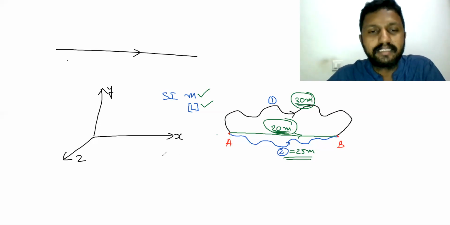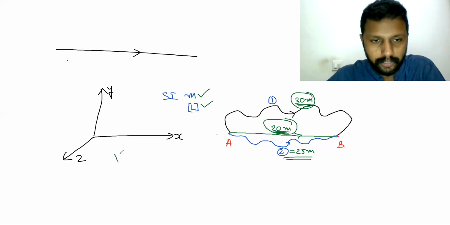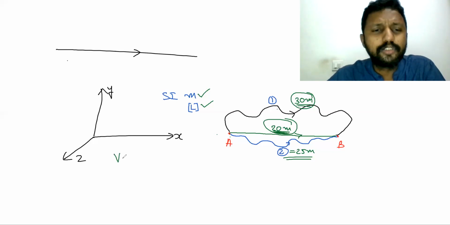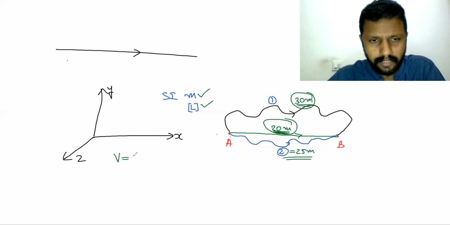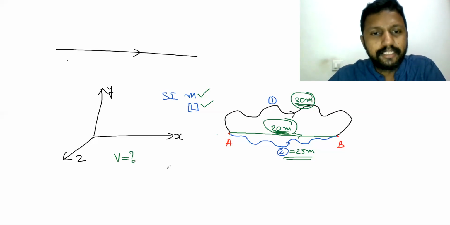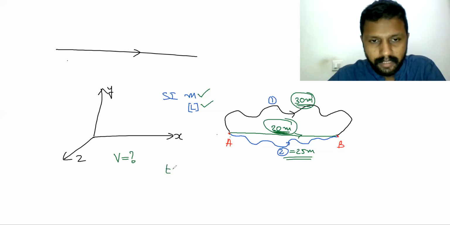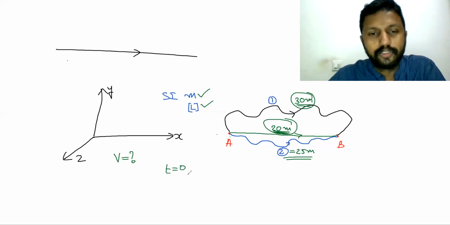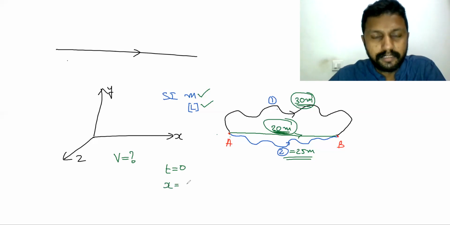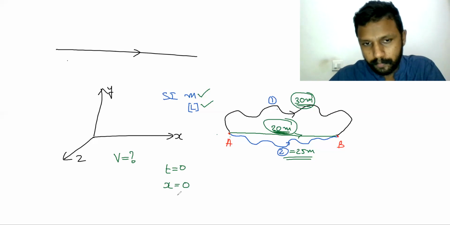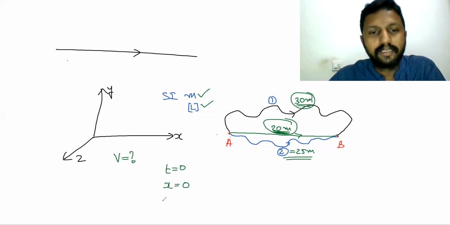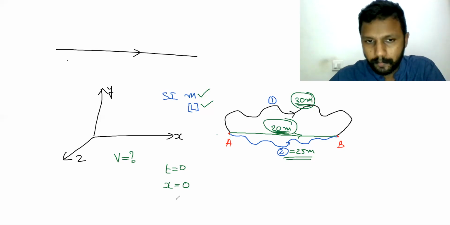Now let's understand what is velocity. In order to understand velocity, let us say at the initial time, that is at t is equal to 0, the position of a substance is at 0.